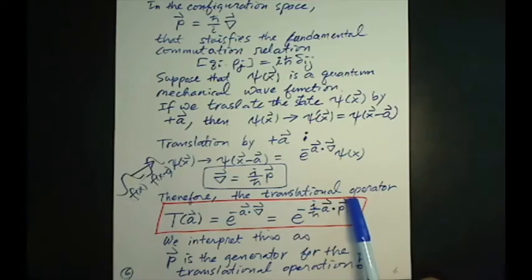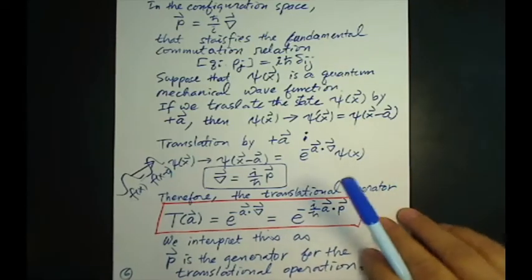Therefore, the translation can be made by an exponential function as an operator, and momentum is indeed the generator of a translational operation.